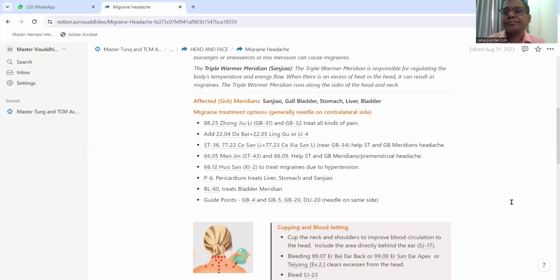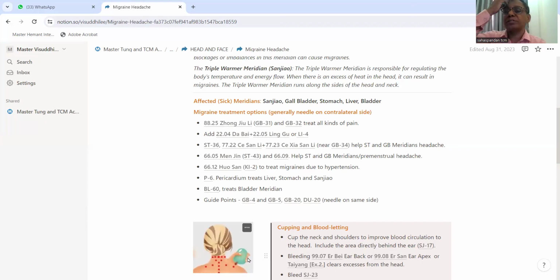So 88.25, which is GB31 and GB32, treats all kinds of migraine headache. And you can add Dabai and Linggu, 22.04 and 22.05.